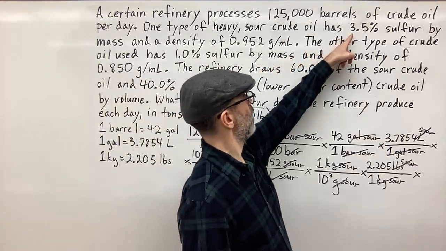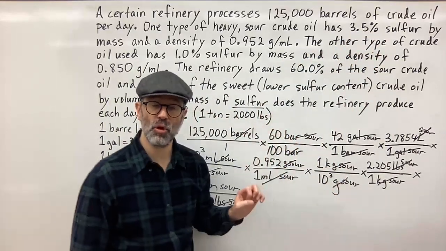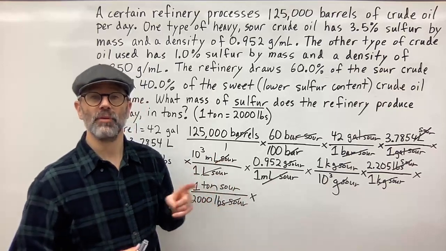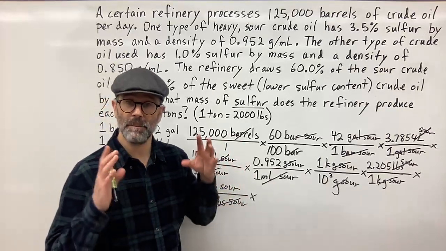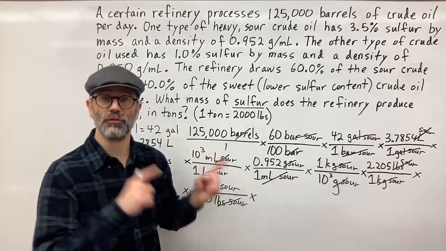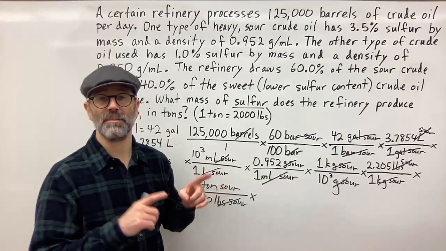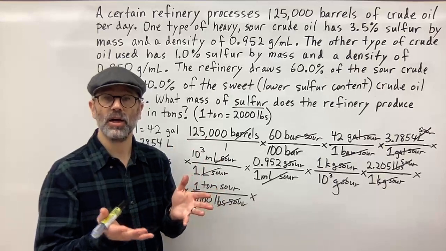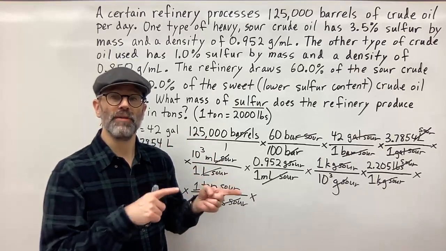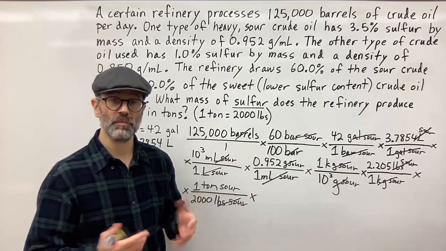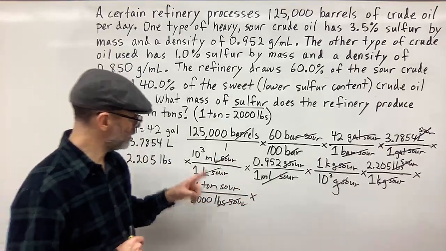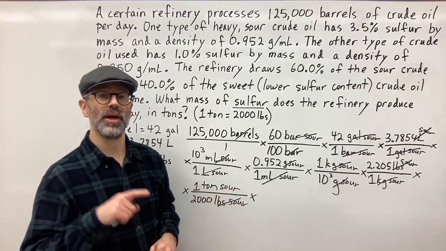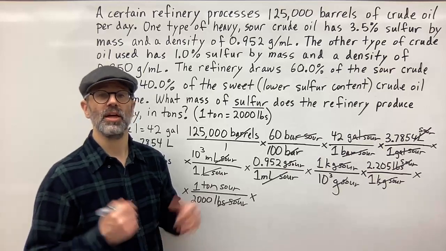Since we're told that 3.5% of this crude oil is sulfur, and we want to know how much sulfur is from this crude oil, we have to use that to convert to the mass of sulfur. So 3.5% means that out of 100 units of your crude oil, 3.5 of those units is going to be sulfur. Since we have tons, out of 100 tons of the sour crude oil, 3.5 tons is going to be your sulfur.